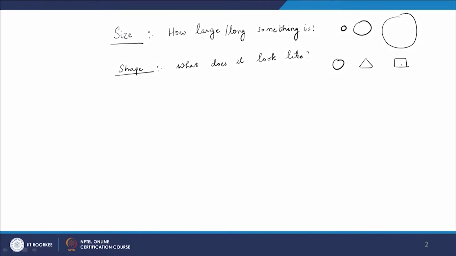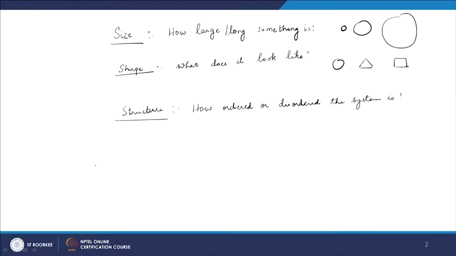And then finally comes the point of structure, which tells you how ordered or disordered the system is. And we will take this point, the order-disorder, later on.